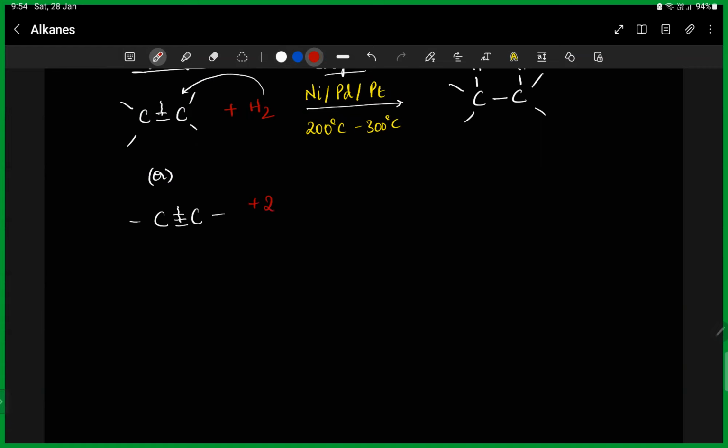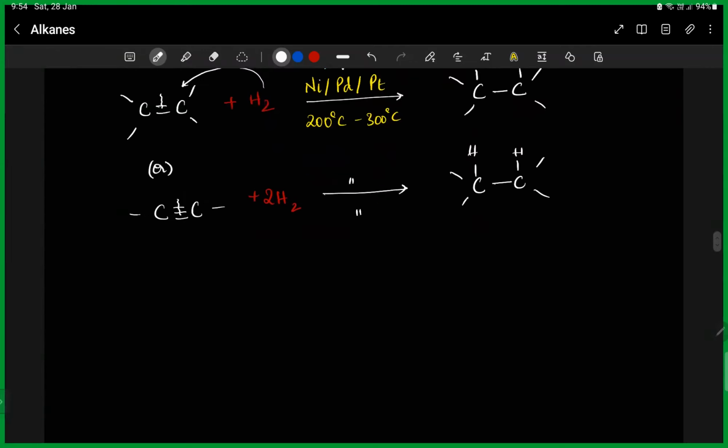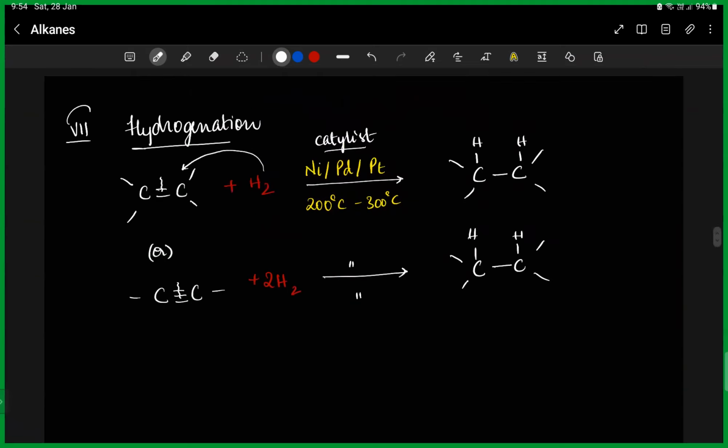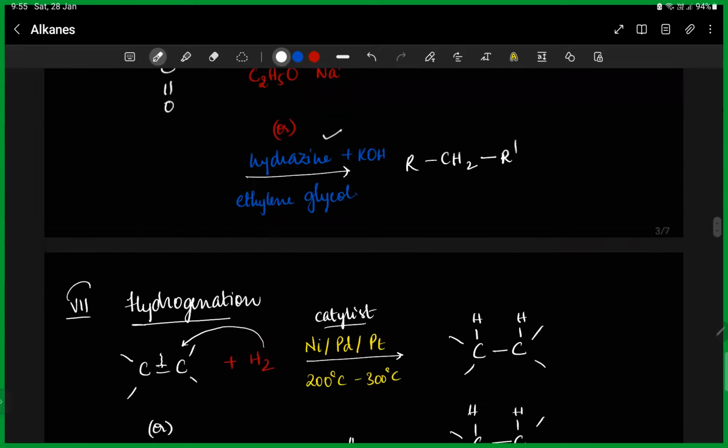So when you add 2 moles of H2 or excess of H2, with the same catalyst, alkane is formed. So this is called hydrogenation. That's it. This is also called the Sabatier-Senderens reaction. You can just see it in any book.